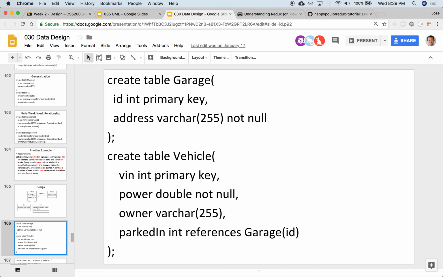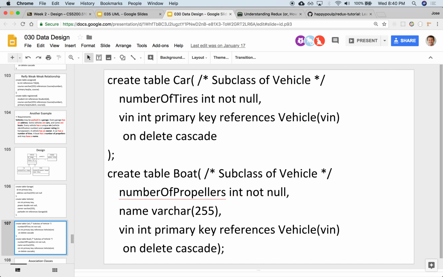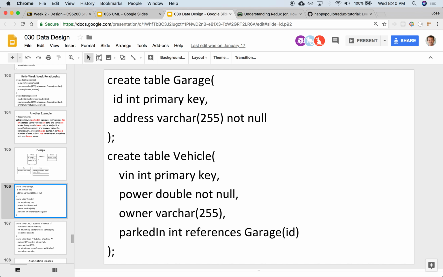So implementing that and providing a relational schema for that, we have the garage, we have the vehicle that points to the garage. Notice that there's a one-to-many, right? So a garage might have multiple vehicles. So on the weak side, we have a foreign key pointing back to the garage. We have a primary key, and some of the value fields. We have the vehicle being a base class.